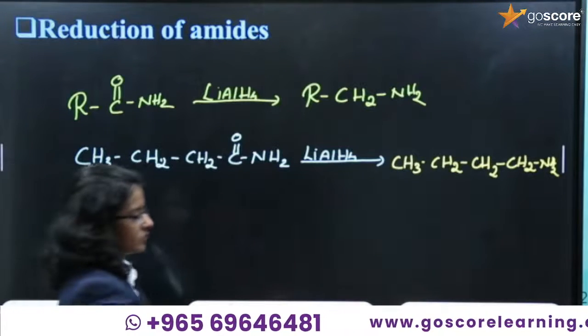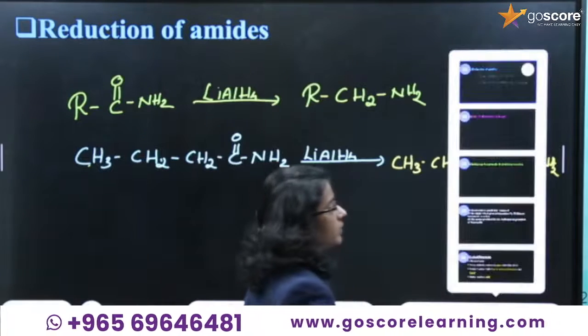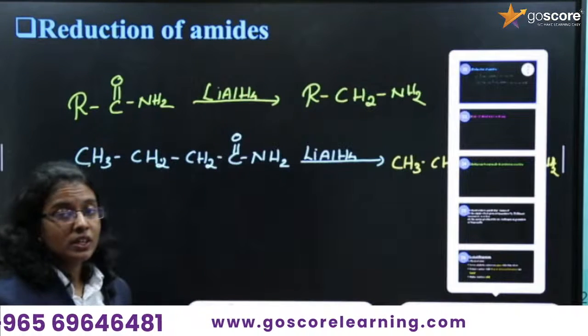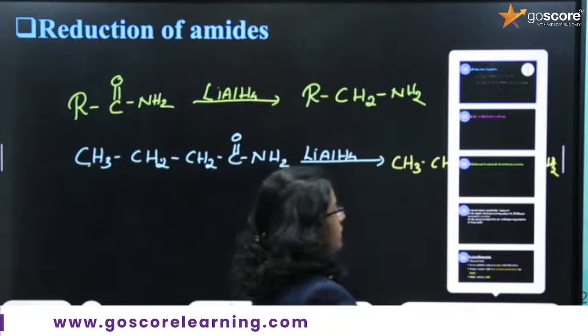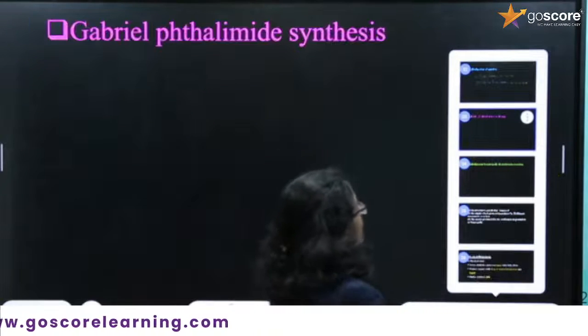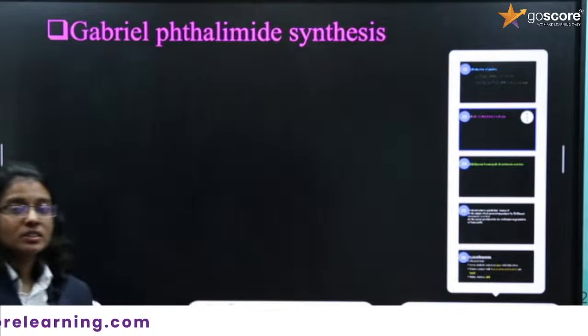So I hope this is clear for you, the reduction of amide. So which reagent we are using here? Lithium aluminium hydride. The next one is Gabriel phthalimide synthesis.